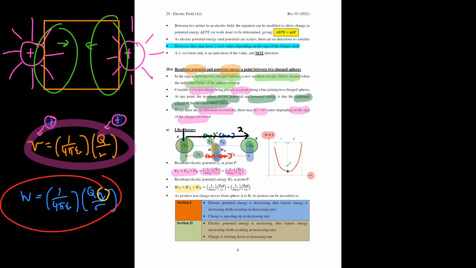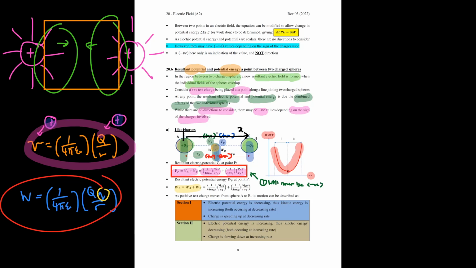If you want to find out the variation of your electric potential energy or electric potential with x, your graph shape generally must look like this. One thing that you can see from this original equation is that your value will never be negative, because a positive value plus a positive value will never be negative.